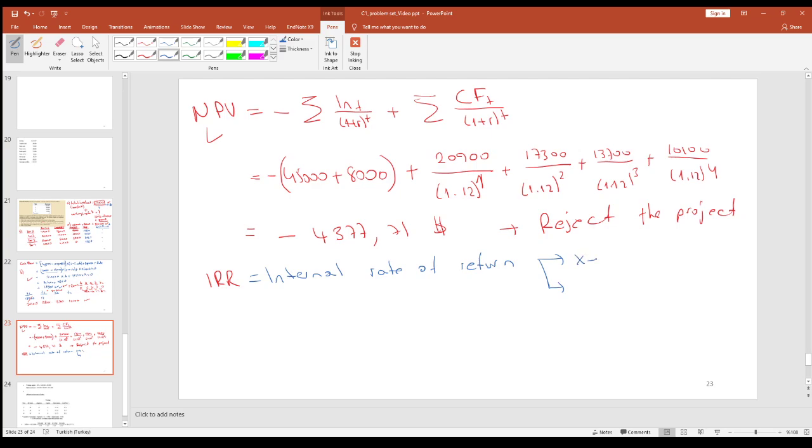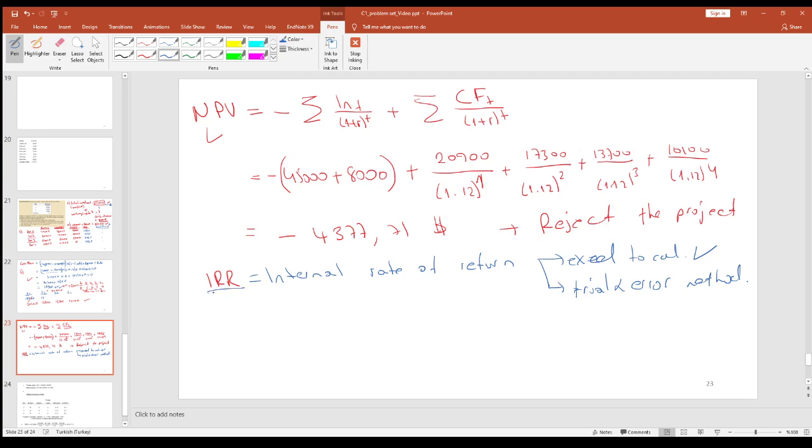You may either use Excel to calculate or manually use the trial and error method. If you use Excel, you will find the exact solution for finding internal rate of return.